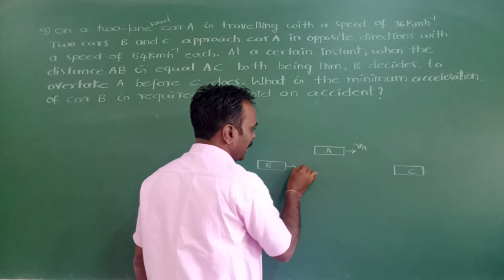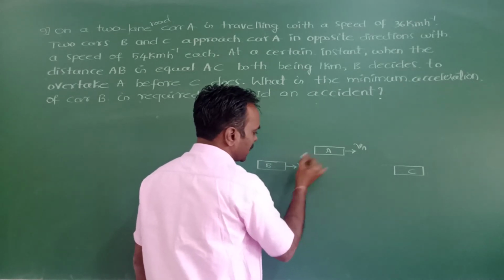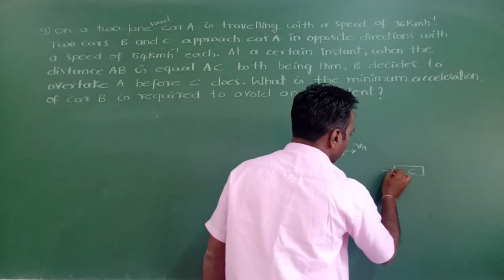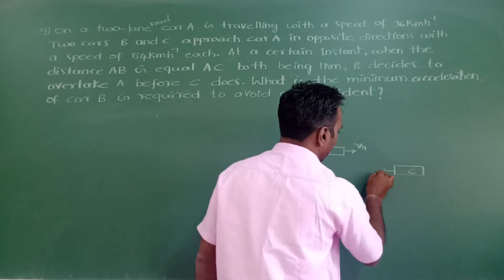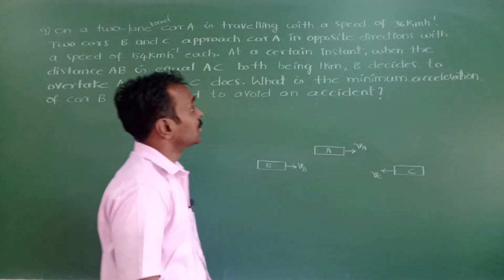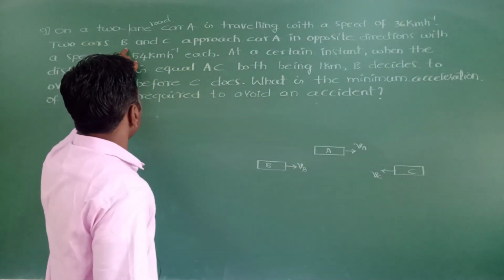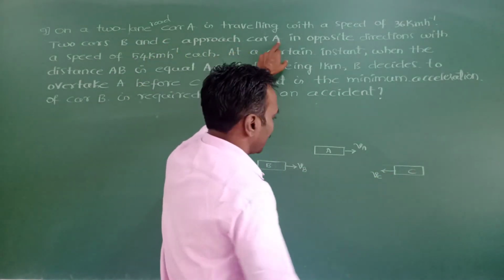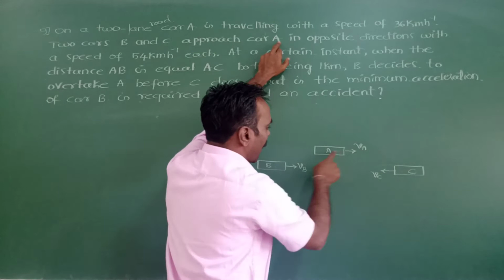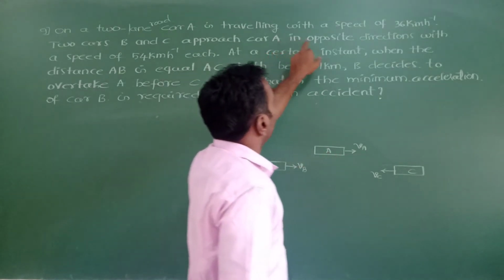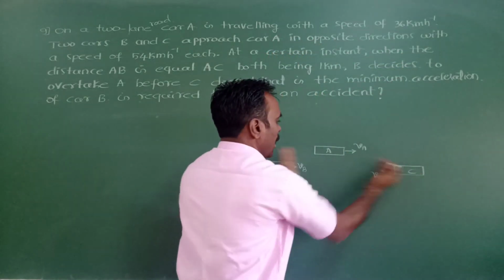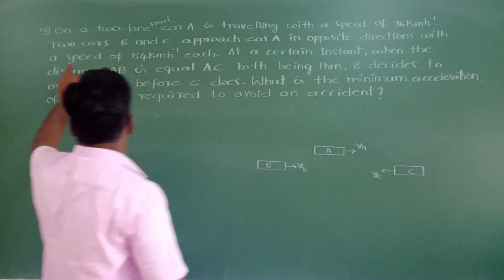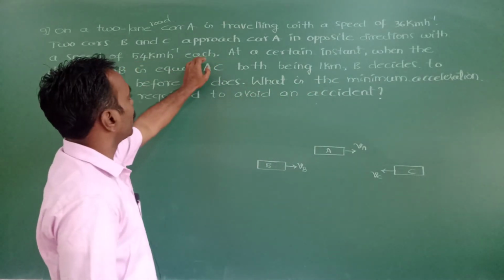Car B is moving with a velocity VB in this direction. Car C is moving with a velocity VC in this direction, because the two cars B and C approach A. Both B and C are approaching A in the opposite direction, with a speed of 54 km per hour each.